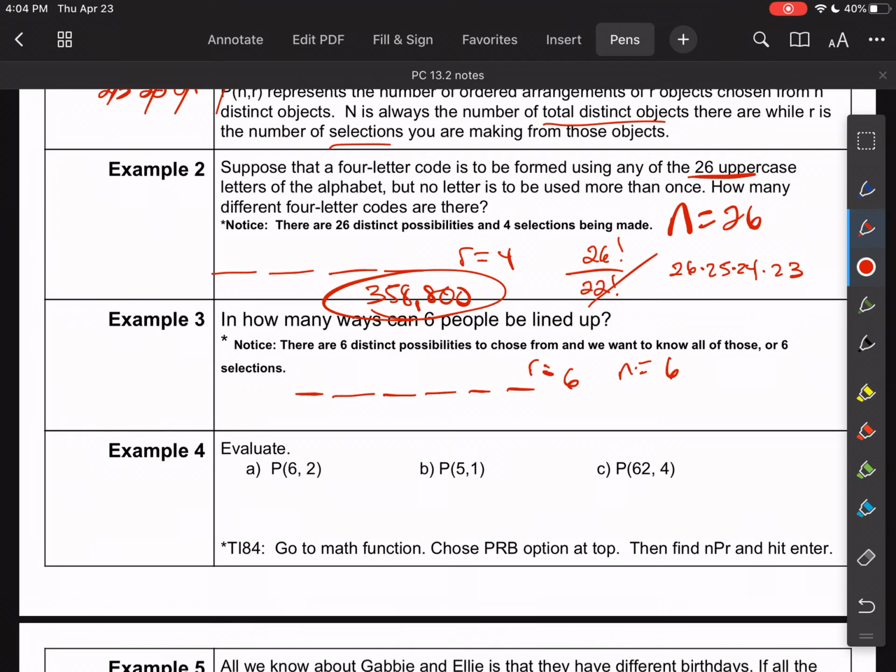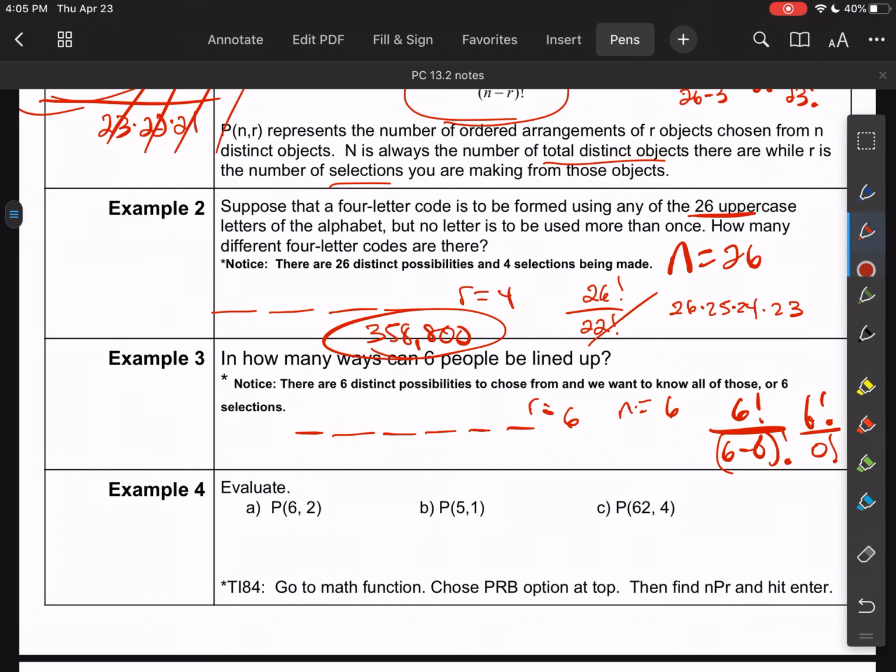So how I would figure this out is I would take 6 factorial over 6 minus 6 factorial, which is equal to 0 factorial. That doesn't cancel anything out, so this would be 6 times 5 times 4 times 3 times 2 times 1.